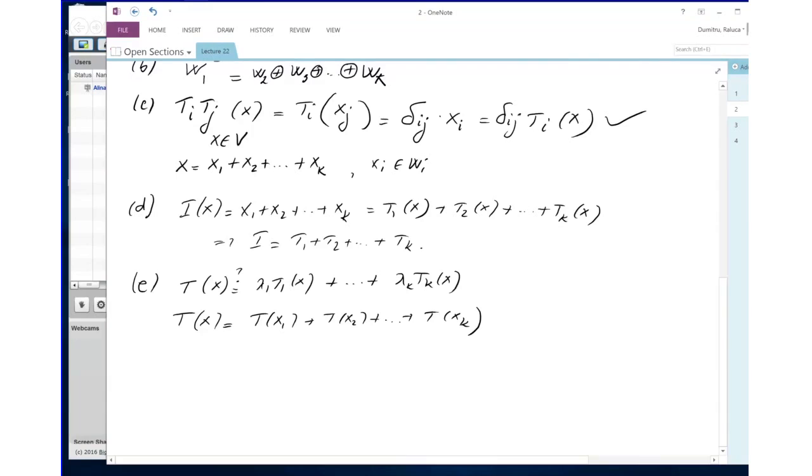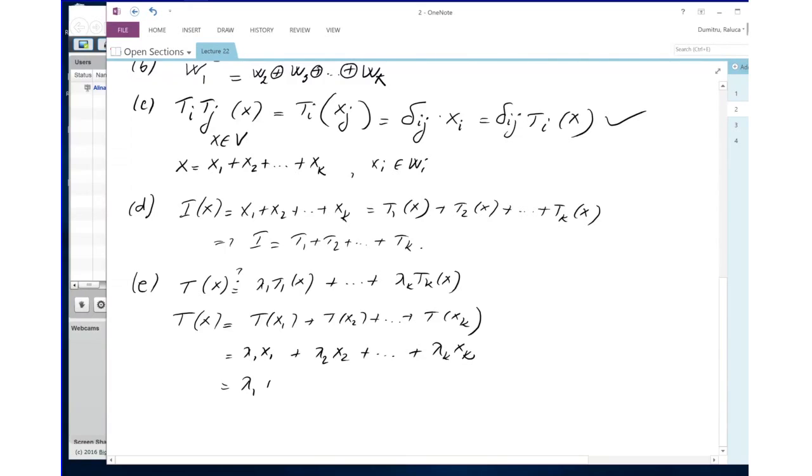All right, but x1 is in W1. Who was W1? It was the eigenspace corresponding to lambda 1. So this x1 is in fact an eigenvector for lambda 1. So T of x1 is lambda 1 x1. T of x2 comes from the eigenspace of lambda 2, so this is lambda 2 x2 plus lambda k xk.